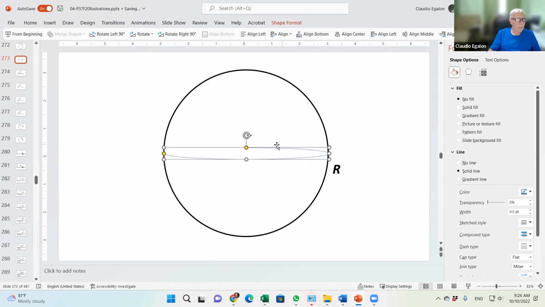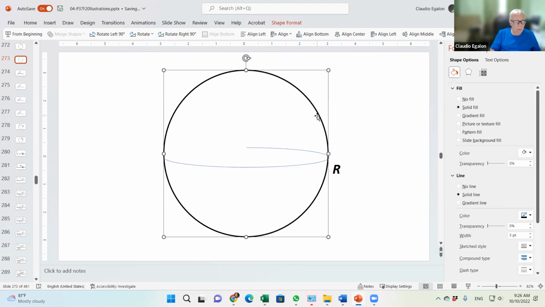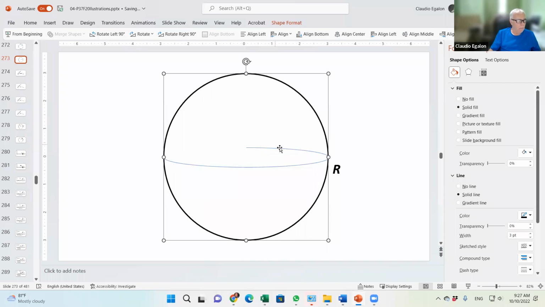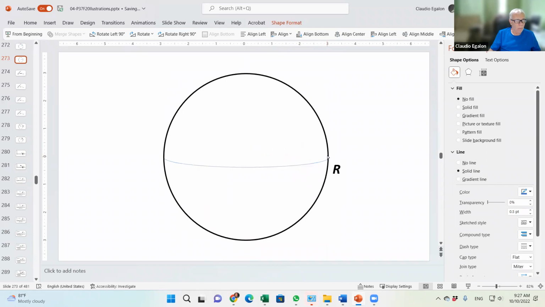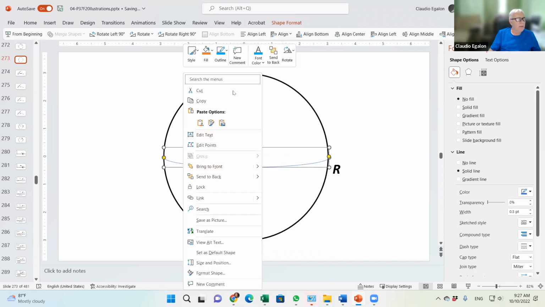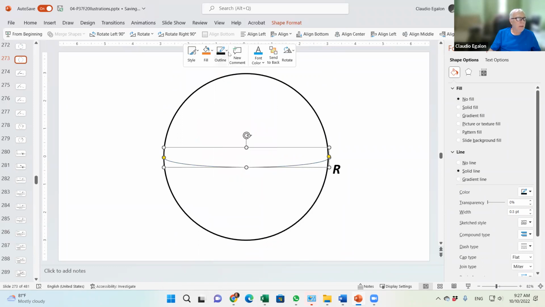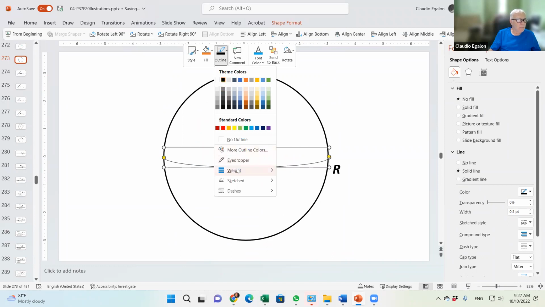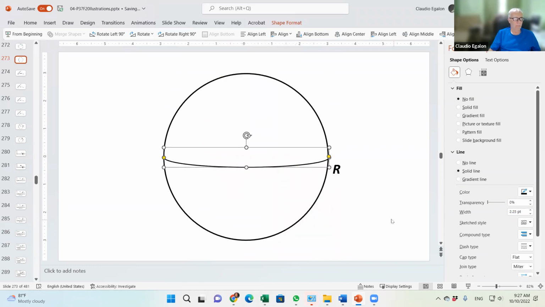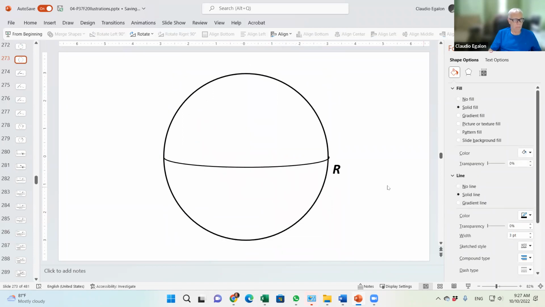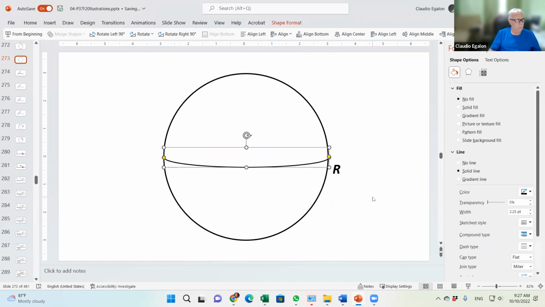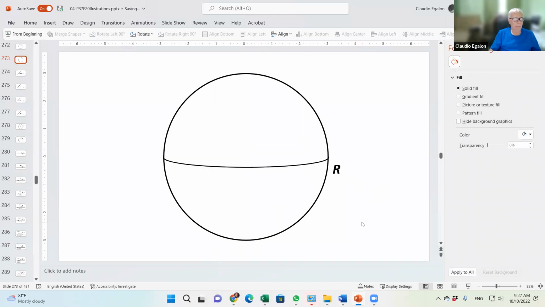Let me make it a little bit thicker so you can have the illusion that this is a three-dimensional object, a three-dimensional sphere.